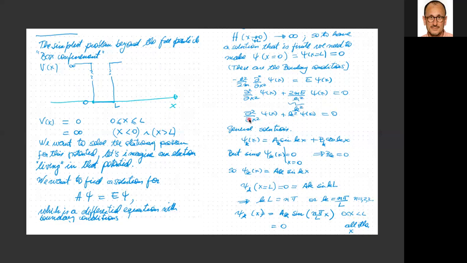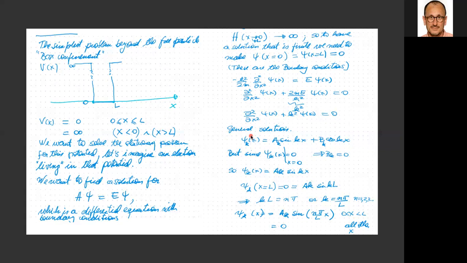So what do I have here? I can rewrite this term here as k squared, and I rewrite the equation. And when I look at this equation, I say, well, what the heck? This is a second order equation, a harmonic oscillator in one dimension, at least for the time being, with the variables a little bit changed.